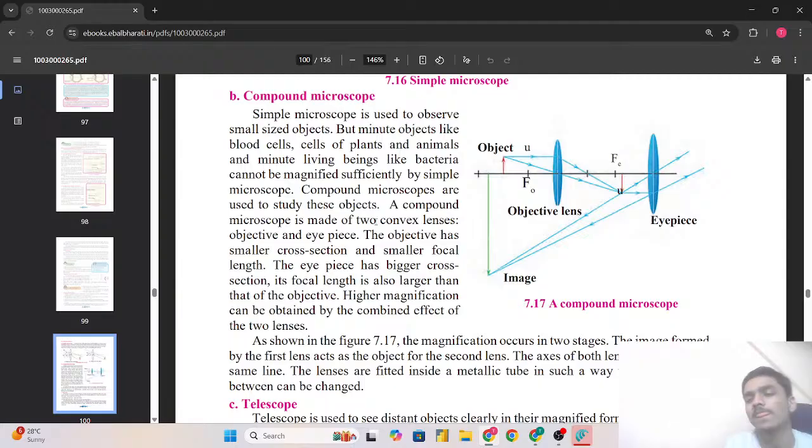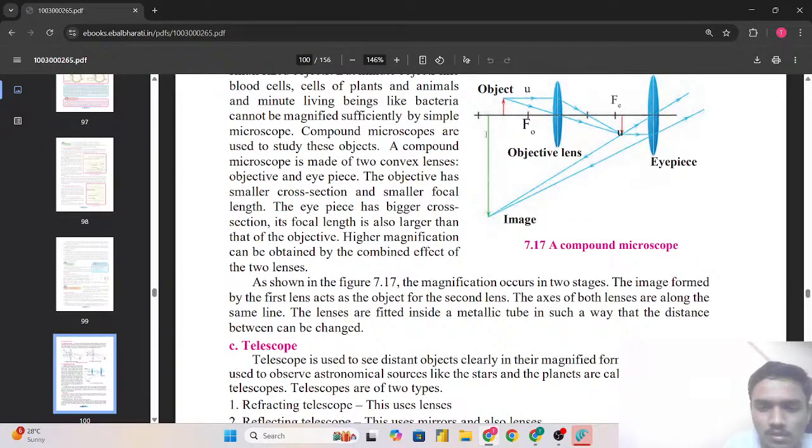So as we can see here, the image formed by the objective lens is playing the role of the object for the eyepiece, and we are able to get the huge size of the image. So this is the principle which is basically working behind the use of the compound microscope.